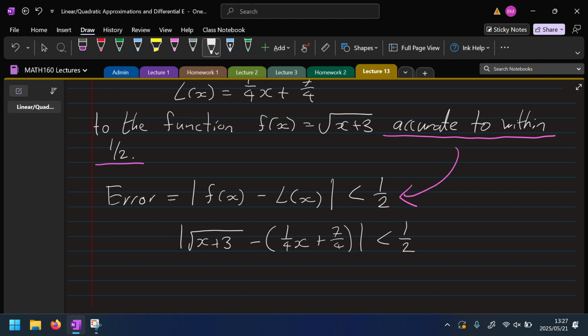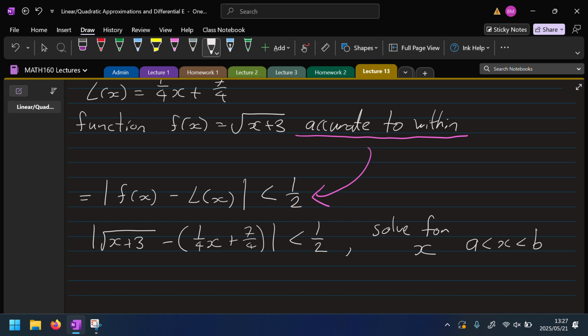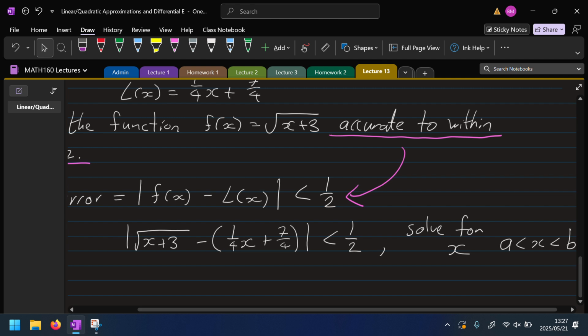And the idea is to solve for x. We're going to have some minimum x value up to some maximum x value, some range like that. So we're looking for those a and b values. Between a and b, the error is less than a half. Outside of that interval, the error is then greater than a half. So we want to find that interval.